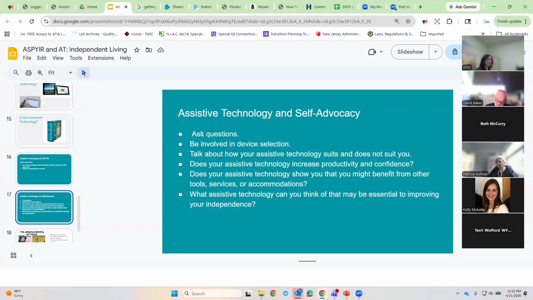Okay, so with those building blocks in mind, the last thing you might want to think about here is what assistive technology can you think of that may be essential to improving your independence? Again, another big question that varies for a lot of different people.